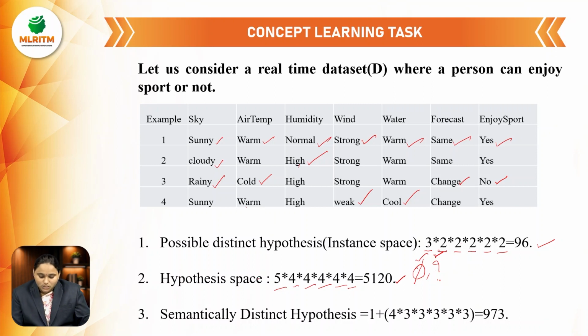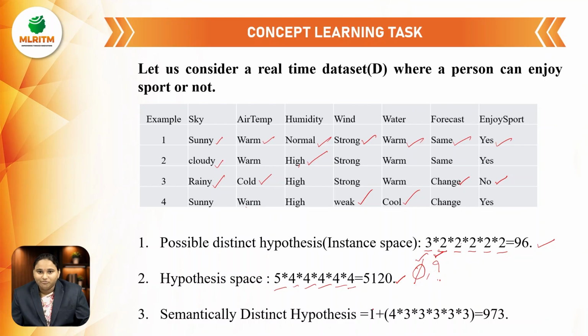In the hypothesis space, we need to include both the general hypothesis and the specific hypothesis. Next, the semantically distinct hypothesis contains only the specific hypothesis. There is no general hypothesis. So here we had 5, which means we added the question mark and phi.